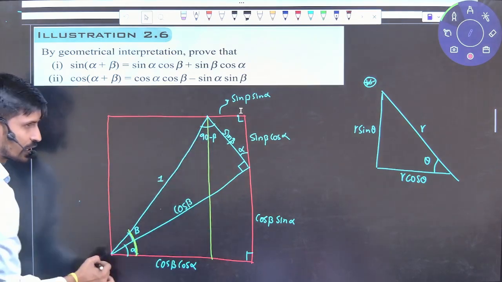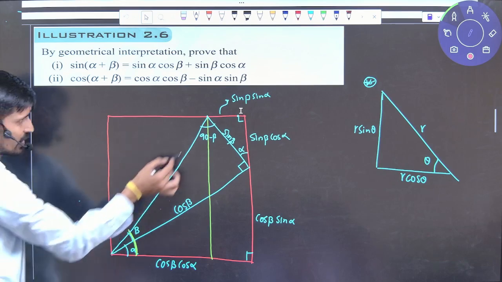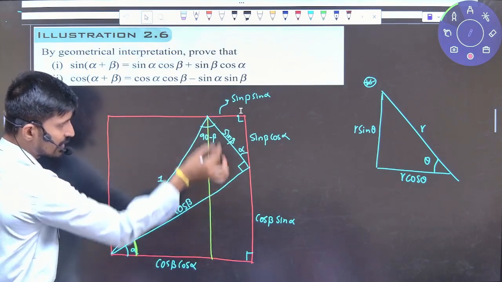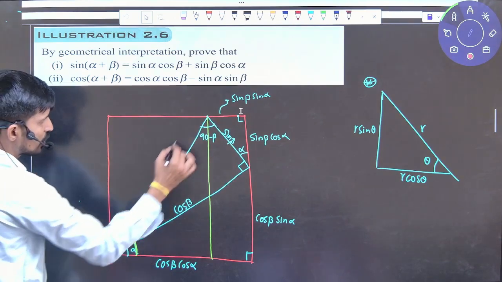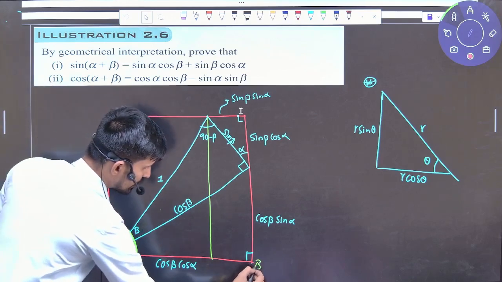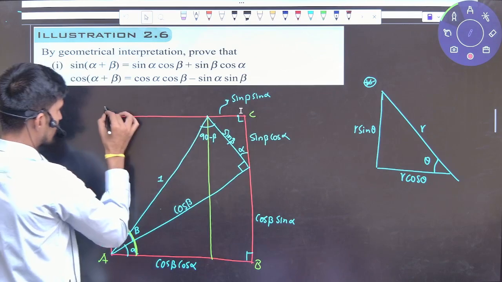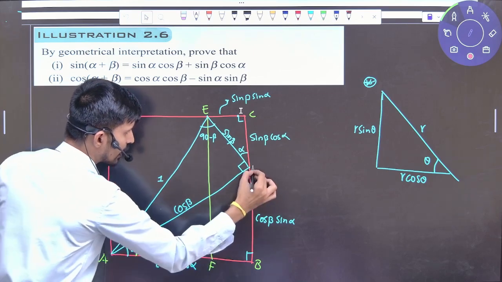Perpendicular by hypotenuse. Yes or no? Now tell me, will this line and this line have the same length or not? Yes. So I am going to name these A, B, C, D, E, F, and G.